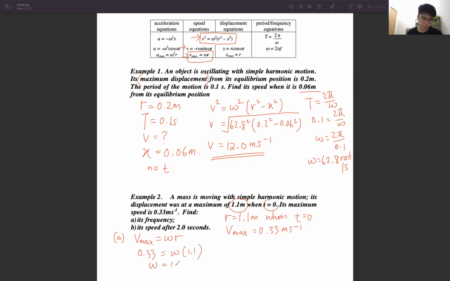Omega equals 0.3 radian per second. Once you get this, only then you find the frequency. Omega equals 2 pi f. f equals 0.3 divided by 2 pi, which equals 0.0477 hertz.